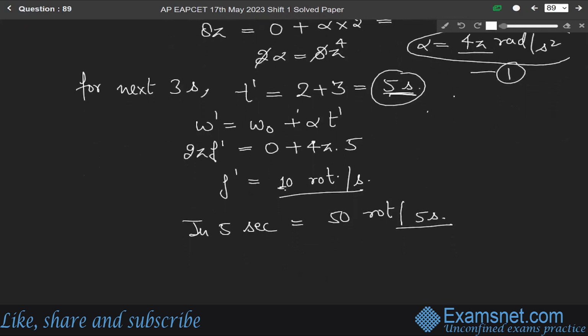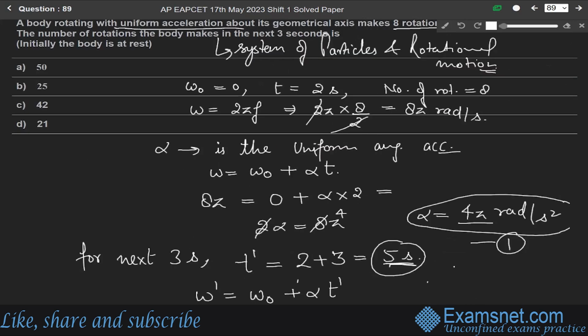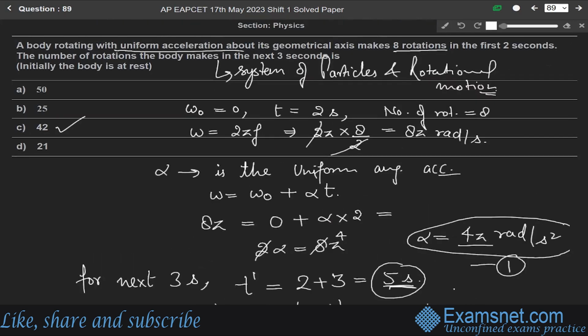Now, since the body makes 8 rotations in the first 2 seconds, the number of rotations in the next 3 seconds will be this 50 minus the previous 8. So it is doing 42 rotations in the next 3 seconds. So our correct answer is 42. Option C is the correct option.